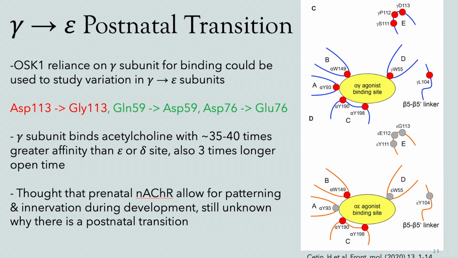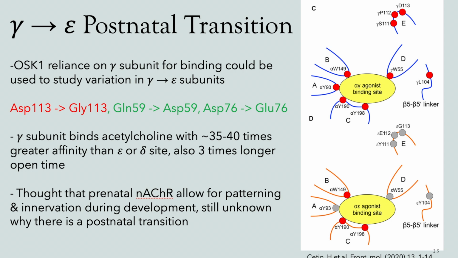This image on the right is also showing you the differences between the gamma subunit and the epsilon subunit of humans, and showing the different amino acids that are swapped out.